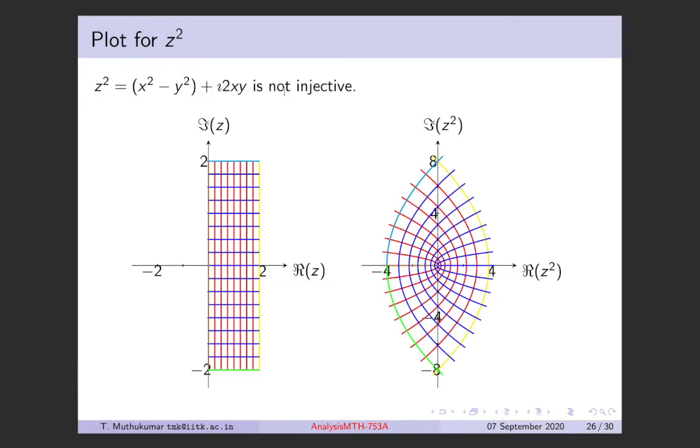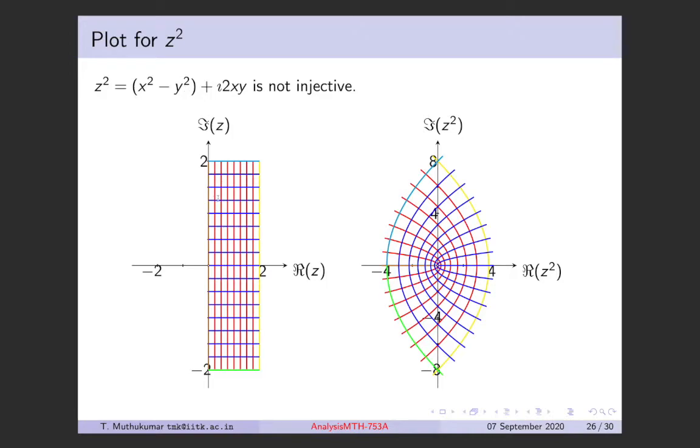Because if I take a complex number with positive real part and another number with negative real part without changing the imaginary part, then the square is going to be the same in the real part, whereas the sign is going to change in the imaginary part, right? Same with the y part as well.